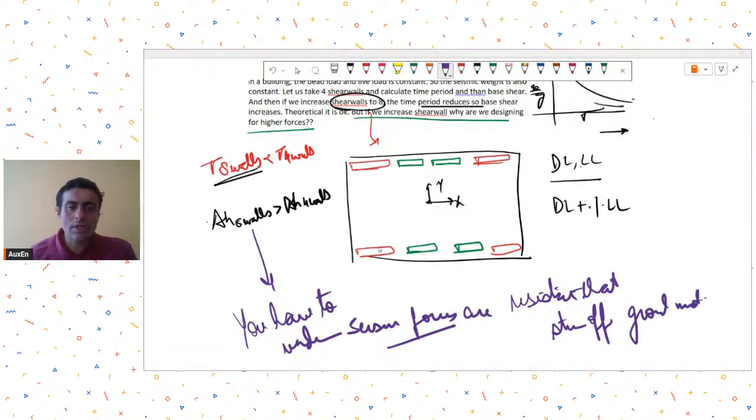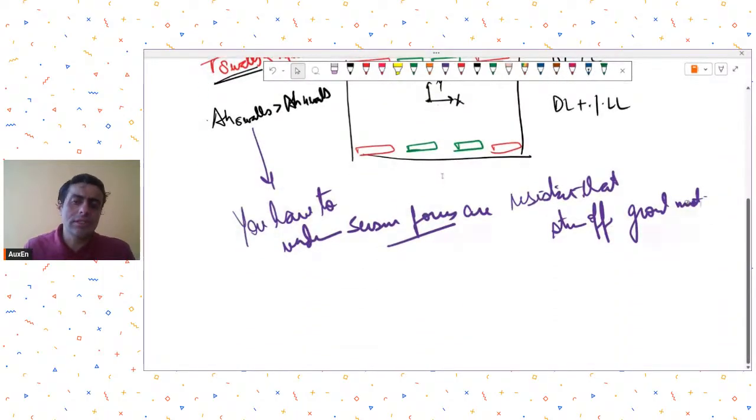So there is no earthquake force acting on the structure as such. What is happening is your ground shakes and your structure tries to resist that shaking because of the inertia. Because your structure has certain inertia and the ground motion tries to excite your structure, the structure offers resistance. So earthquake forces are not actual forces, but they are the resistance that your structure offers.